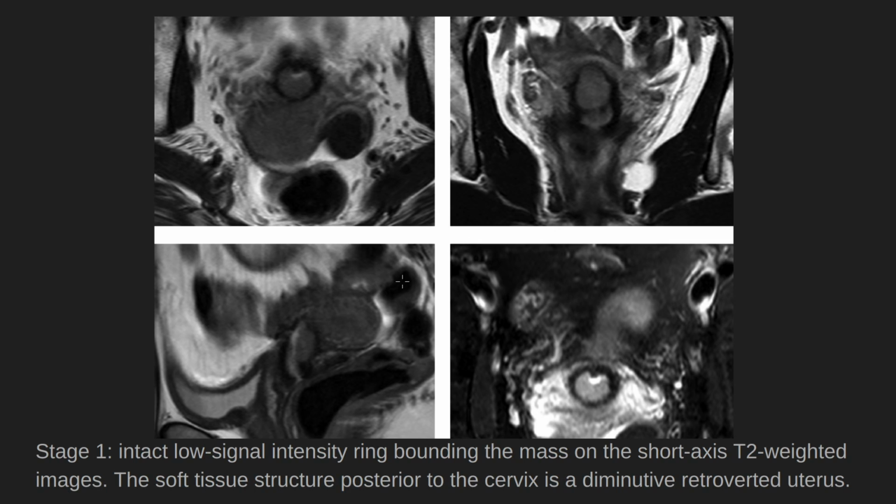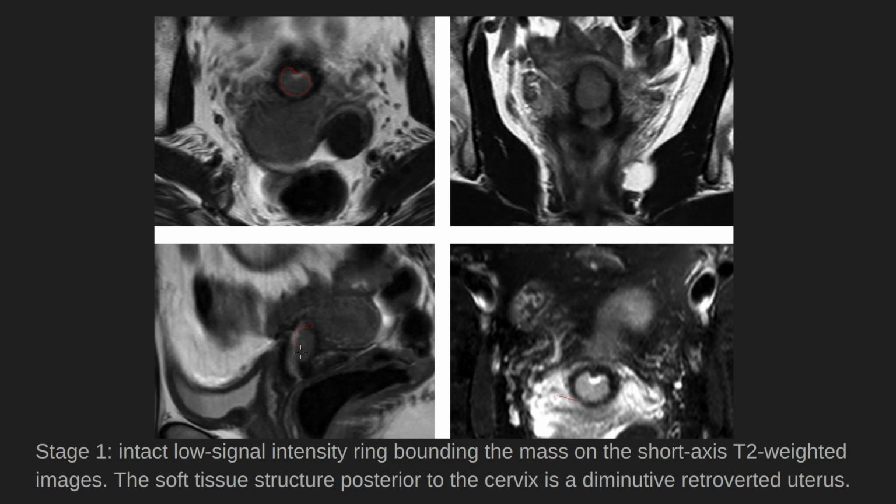So this patient presented with this mass at the level of the cervix. So this is the sagittal T2 weighted image. This is the axial T2 weighted image. This is the coronal T2 weighted image, and this is the T2 fat sat image. So here we see this T2 gray tumor, which is present in the cervix.